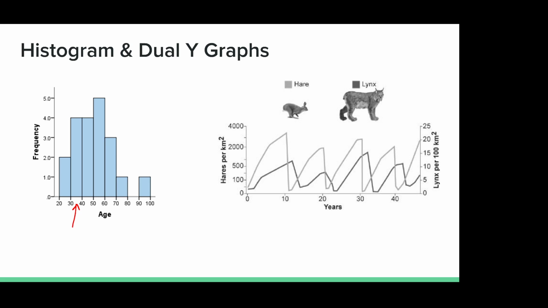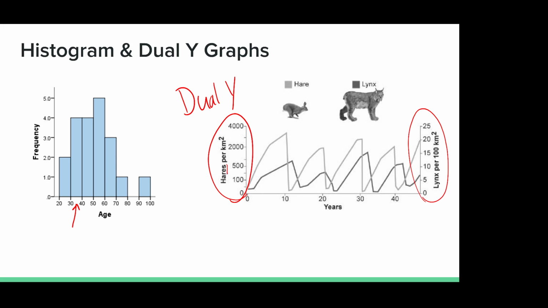On the right-hand side is our common dual Y graph. It means it's dual Y because there are actually two different Y axes. Our left y-axis is for the hare, which is the bunny, or the prey in this case, although I suspect you guys have seen this graph multiple times.